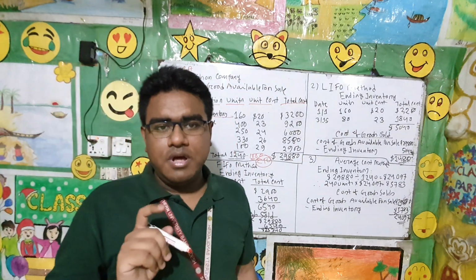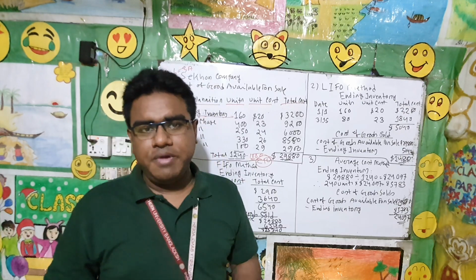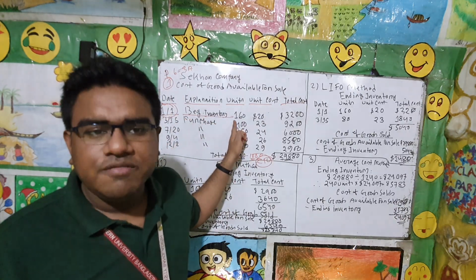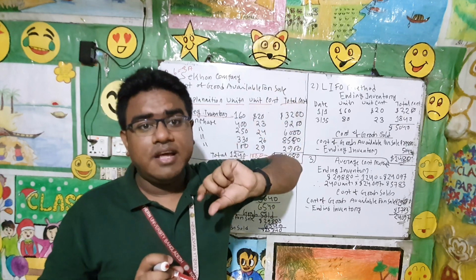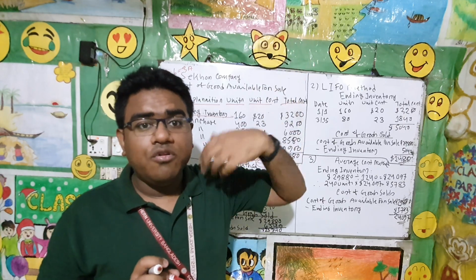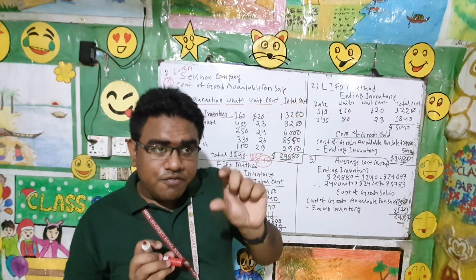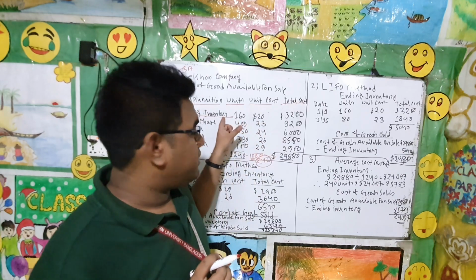Most of you, I repeat, 60% of you make mistakes during exams. You forget the beginning inventory because the information is given in the first or second line. You always tend to follow the information that is highlighted, but don't forget it.